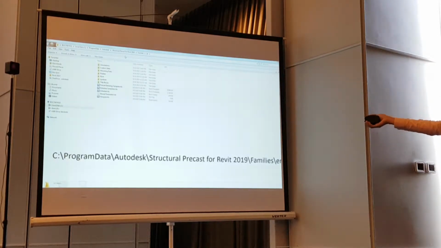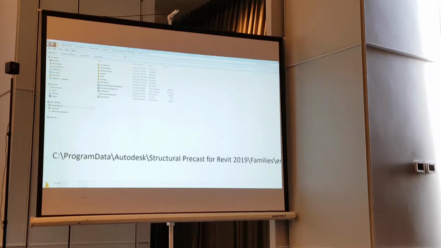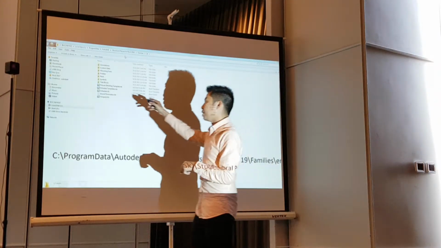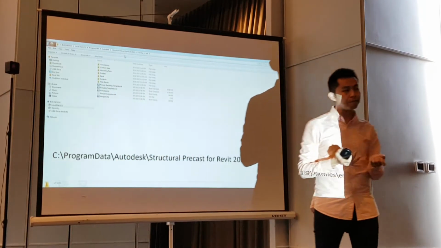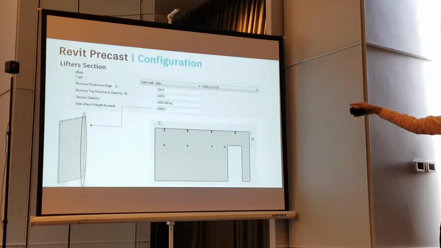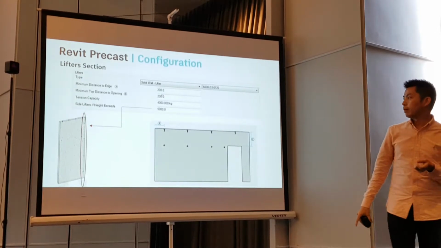How Revit works is you cannot say load from library or import into your library. Every time you click on the Pre-Cast tab, it will automatically read this folder. So if you created any new families or new template, dump them into this folder and it should be reflected in your list here.